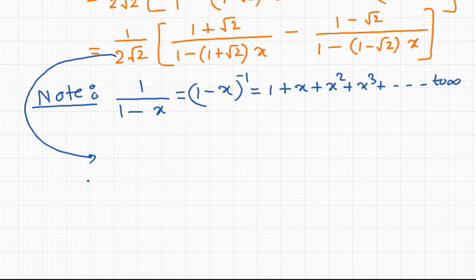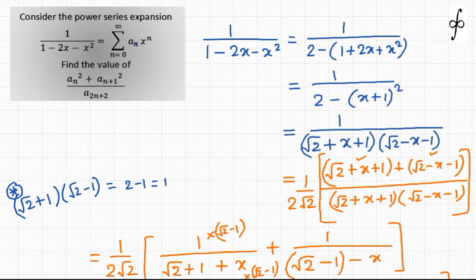So after this particular step, we can write this as 1 by 2 root 2, and instead of opening up the entire expansion, you can see that we are only looking for that an part. So we are looking for an, which is the coefficient of x to the power n.